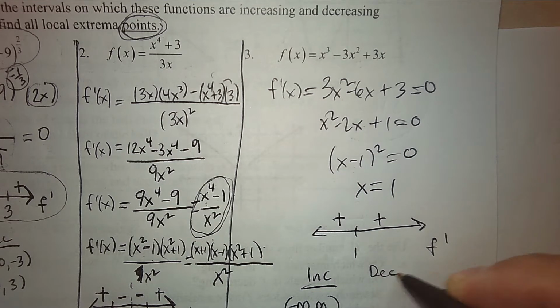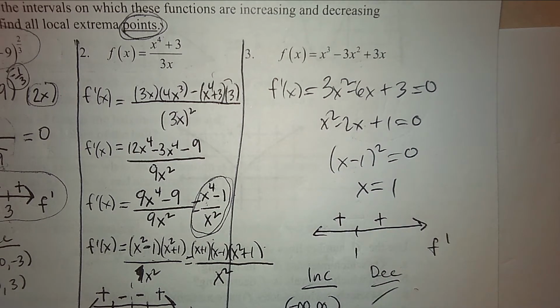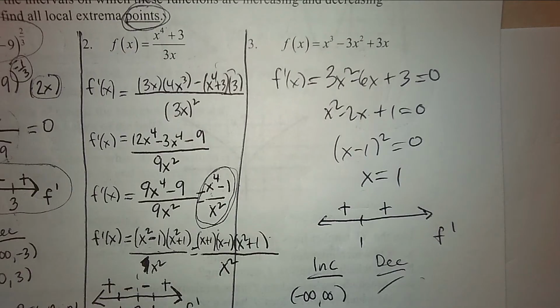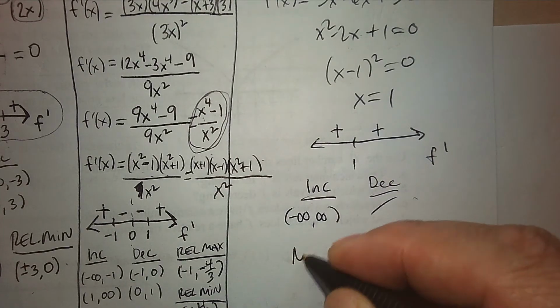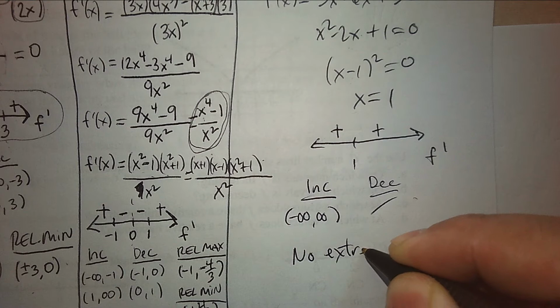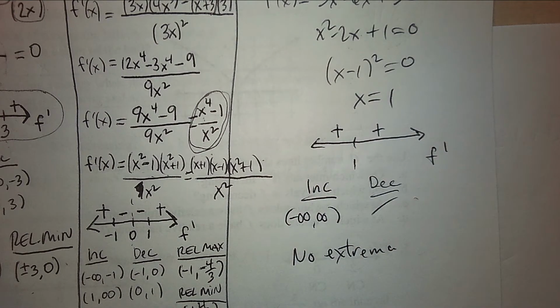Decreasing: doesn't exist. Never. Is there a relative maximum or minimum? No extrema. So why is there none? Because it doesn't change from positive to negative, or negative to positive.